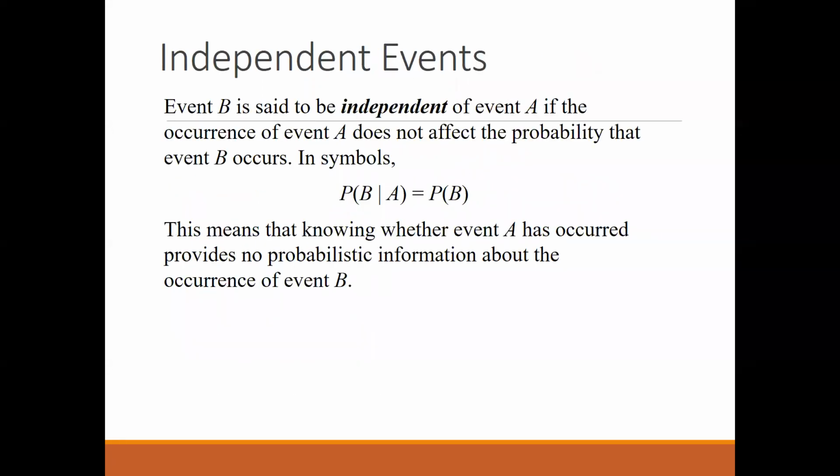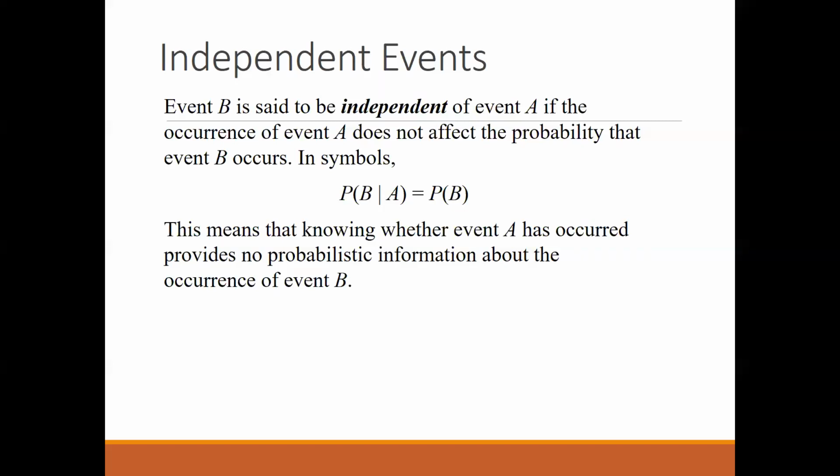Let's go ahead. Now, note down this as well, for independent events especially. Event B is said to be independent of event A if the occurrence of event A does not affect the probability that event B occurs.